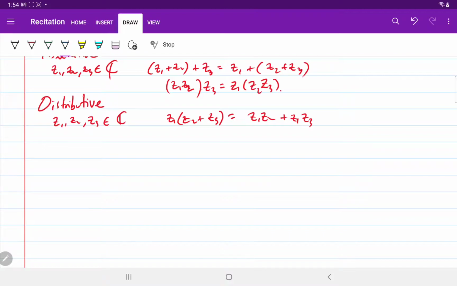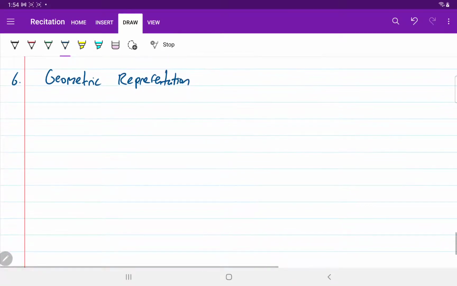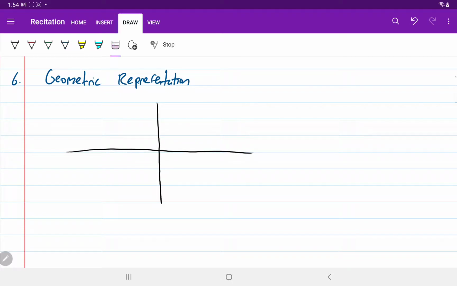Okay, next, number 6, geometric representation. So there is a way to illustrate complex numbers. We have a y-axis and an x-axis.